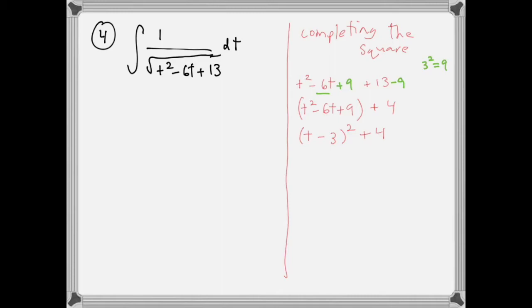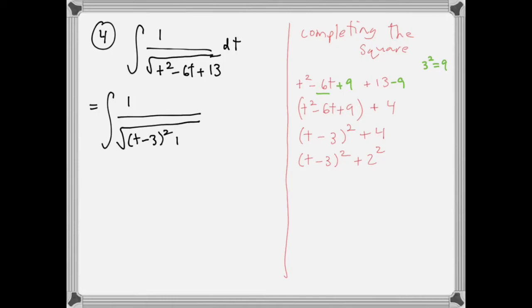You'll notice, by the way, that I can actually write this as the sum of 2 squares. Okay, so there you go. The whole point of this was to be able to write it in that form. And now that we've done that, that means we can rewrite our original integral so that it looks like this. T minus 3 squared plus 2 squared.